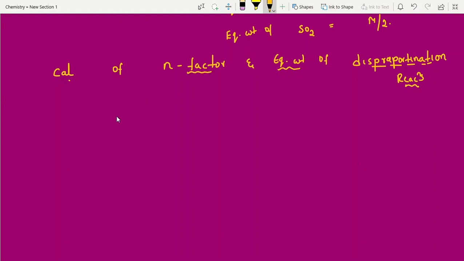Now I am going to give one example. Two models, two different methods I am explaining, students: the normal method and the shortcut method. Both are important. Write down NaClO3 plus water.